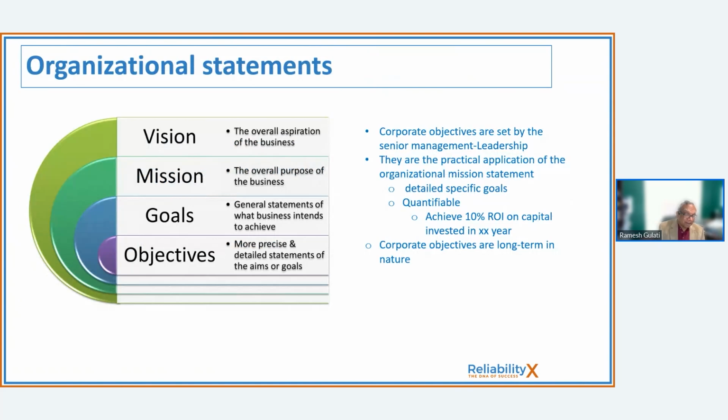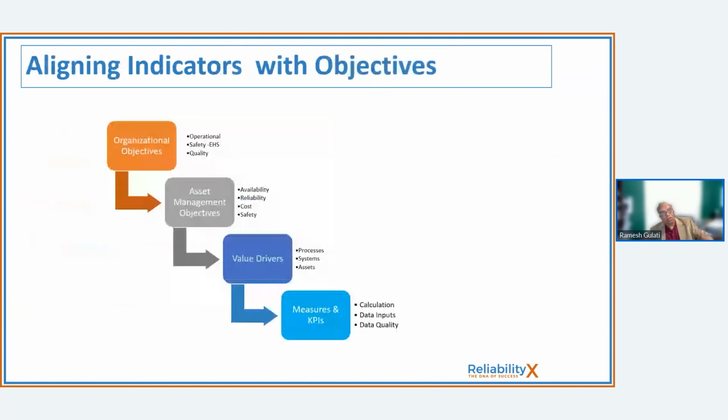Again, we should have some objectives at a lower level that should go down. In fact, I have an example here. This is aligning indicators with organizational objectives, asset management objectives, value drivers, and then you have the KPIs.